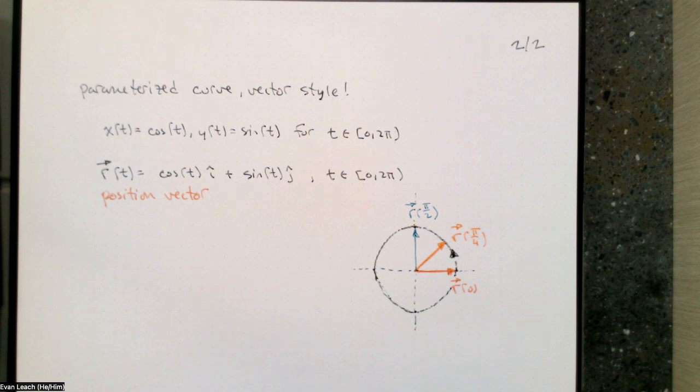So I just said there's an orientation going around this circle, and I just wrote a function of t that I described as a position vector.